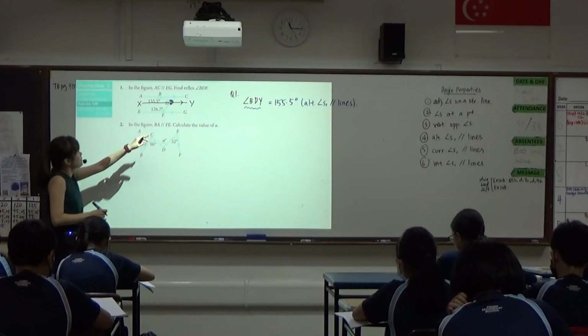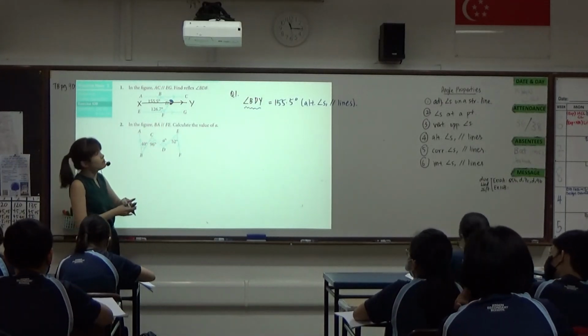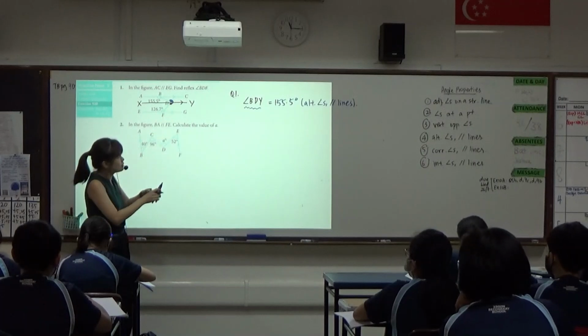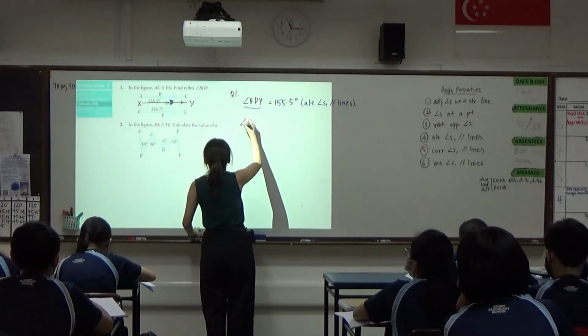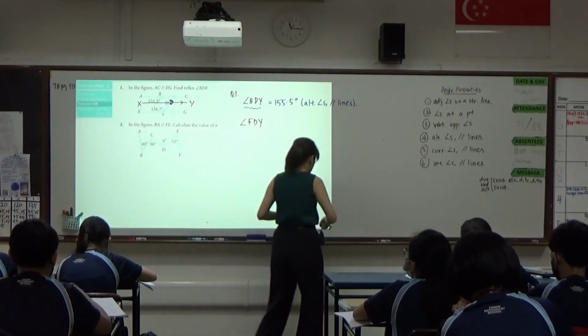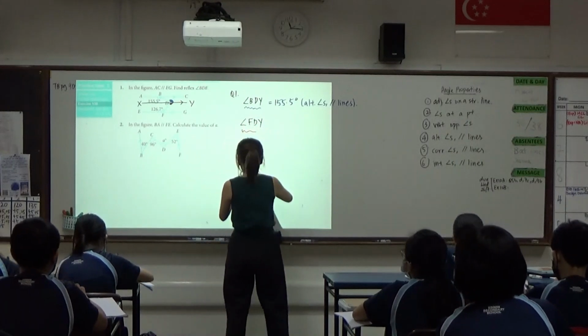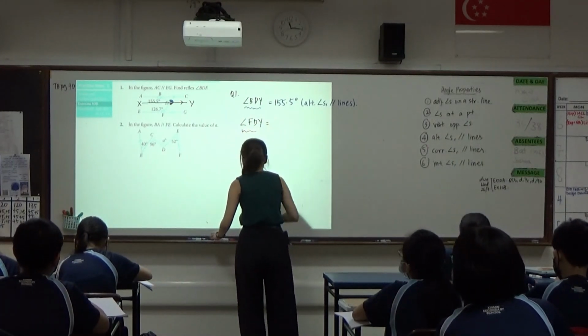Next, I need to find out what is the size of the red angle. So for the red angle over here, how do you think we can go about solving it? We will call it FDY. What will that value be equals to? Let's call a name.